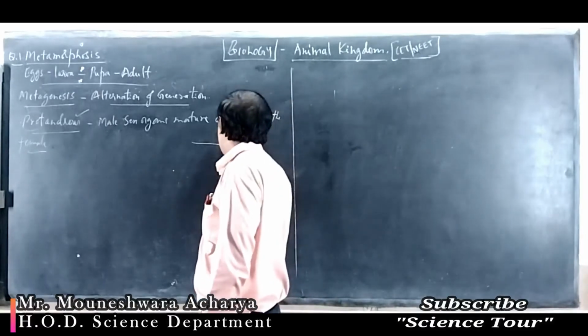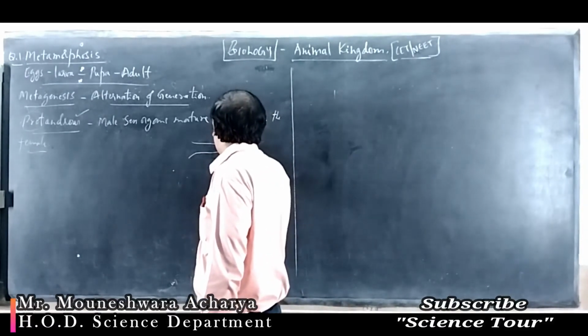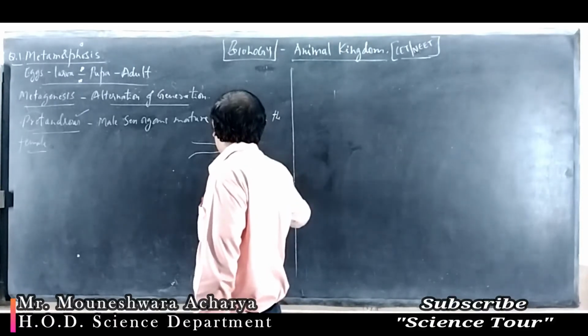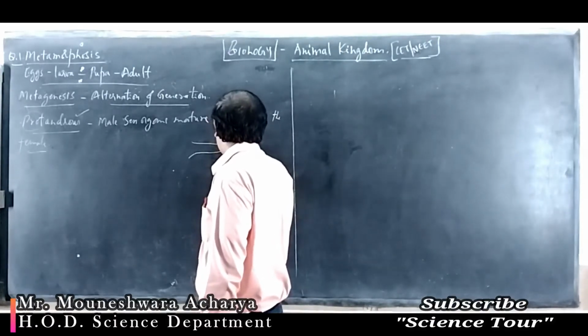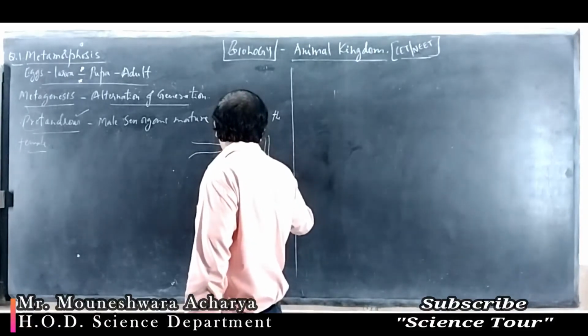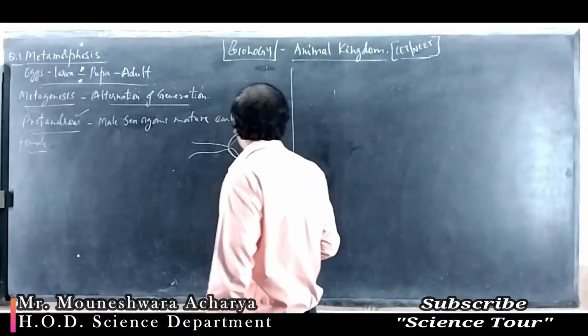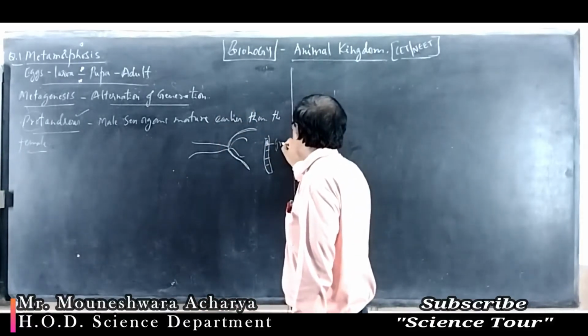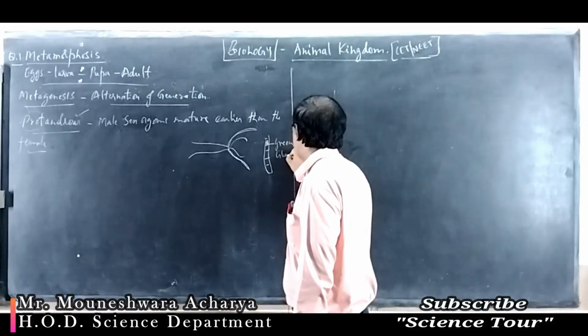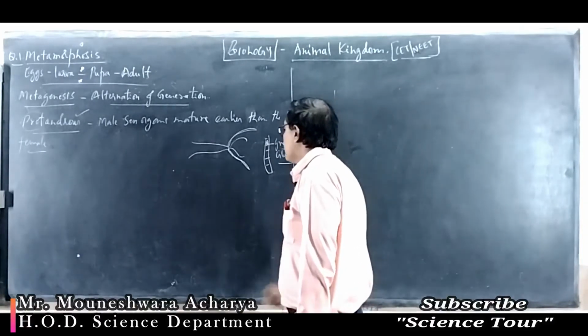Prawn has a head, so they have a pair of antennae, and behind that there is a pair of antennules. If we enlarge that antennule, in its base region there is a special green colored gland, that is called the green gland, which helps for the excretion of waste material in prawn.